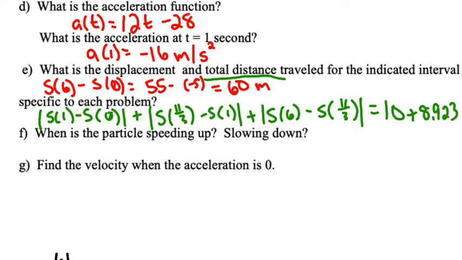And then the last section, S of 6 is 55, and then plus, maybe that's, let me check this, I'm sorry. Because I ended up, no, I got 68 for that one.